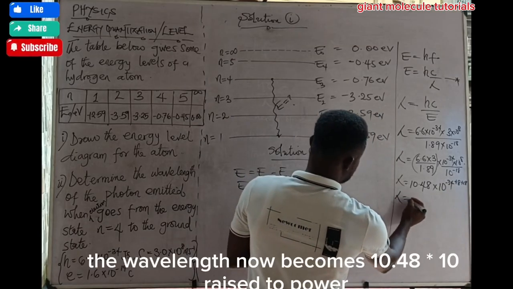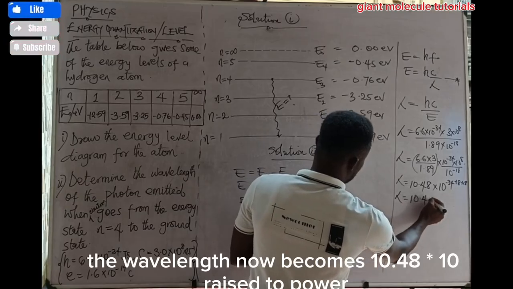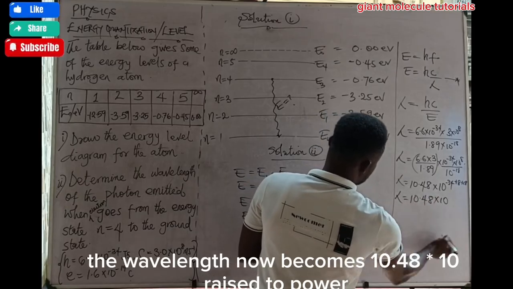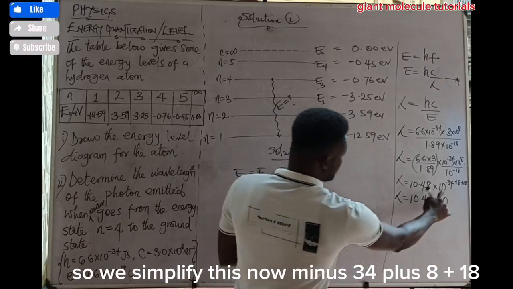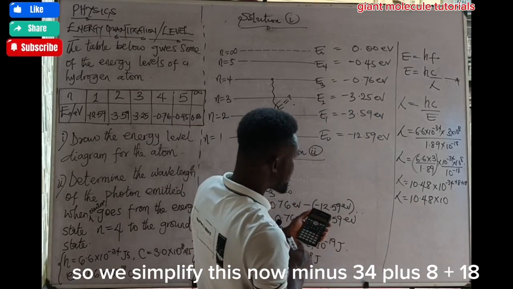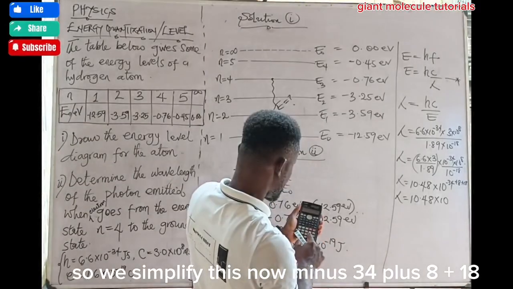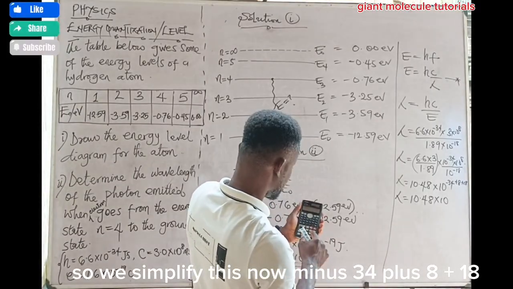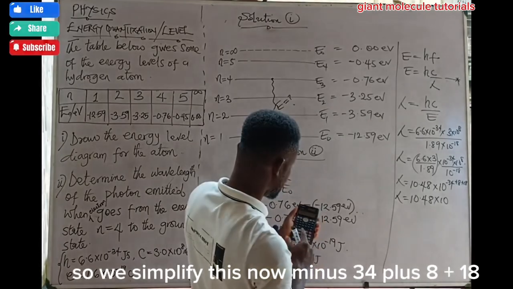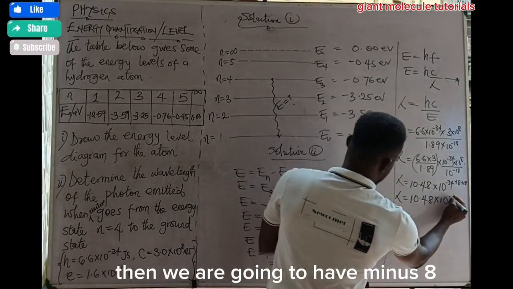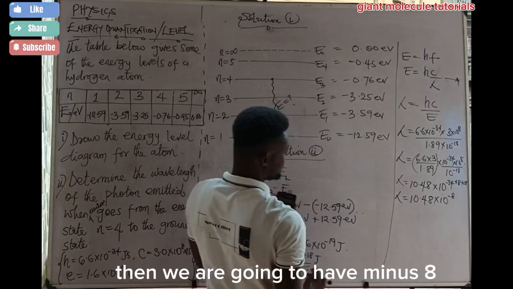So the wavelength now becomes 10.48 times 10 raised to the power, we simplify this, minus 34 plus 8 plus 18. Then we are going to have minus 8.